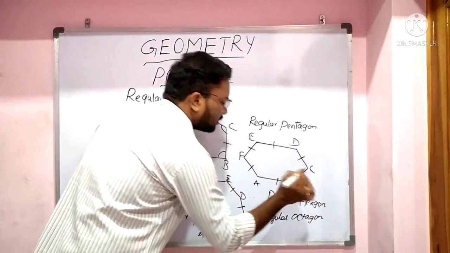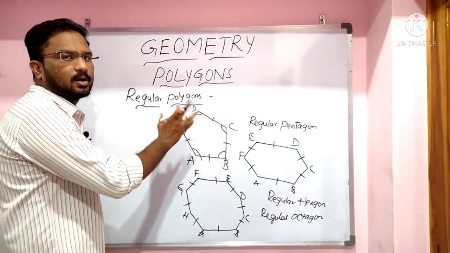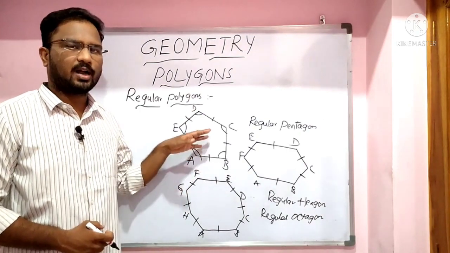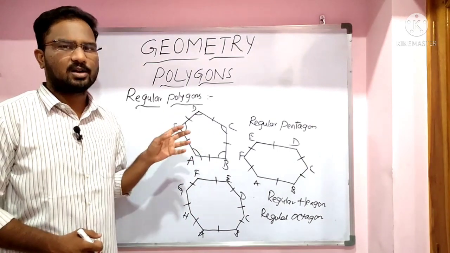So these are the regular polygons. Regular polygon means all sides are equal and all angles are equal.